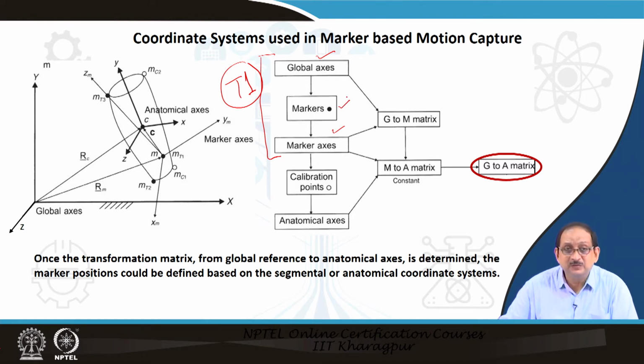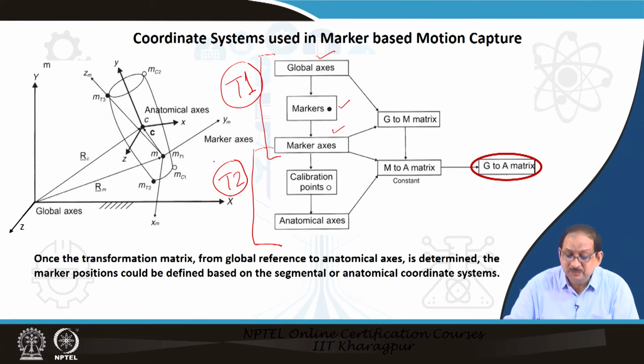So, T1, the first transformation, transforms from global coordinate system to the marker coordinate system using the position of the markers. The second transformation T2 transforms marker coordinate system to the anatomical coordinate system using the calibration points as indicated in the figure.